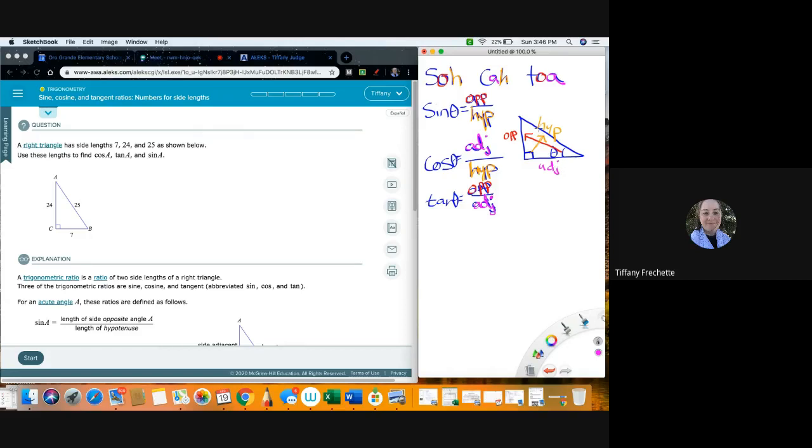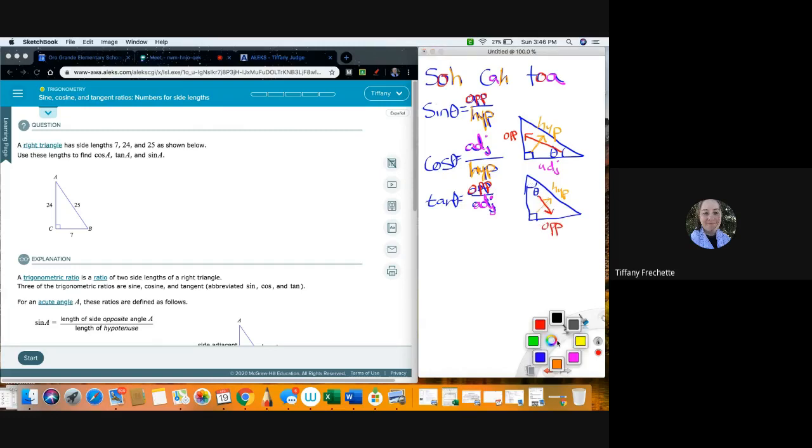So if I switch over to the top, let's redraw this triangle, not terribly close, but close enough. So now I'm going to look at this angle up here. Hypotenuse doesn't change. So the hypotenuse is still across. This is the same. But now my opposite, if I'm looking at this angle, is the bottom.